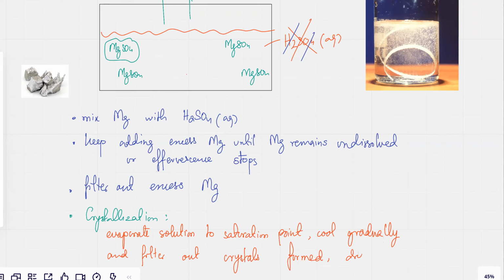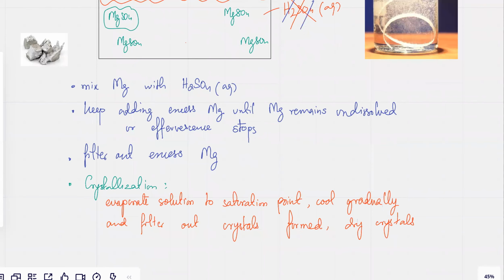And you dry those crystals in sunlight, or in an oven, or between filter papers. That is the very last thing that you're going to do.